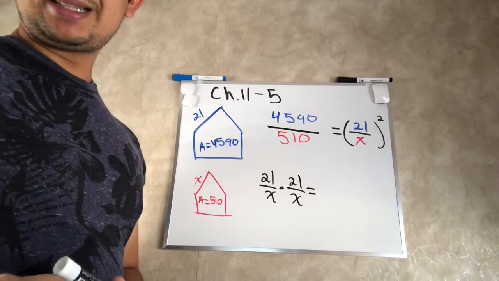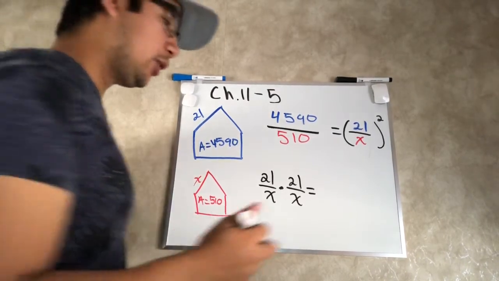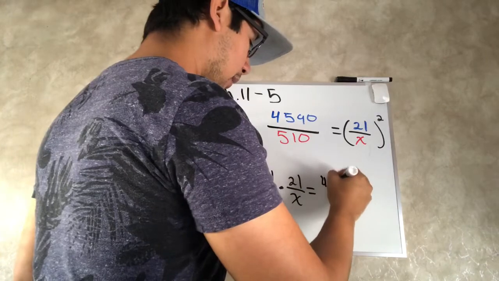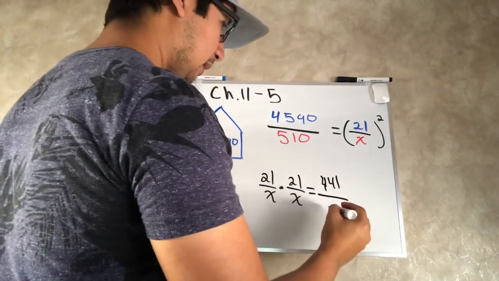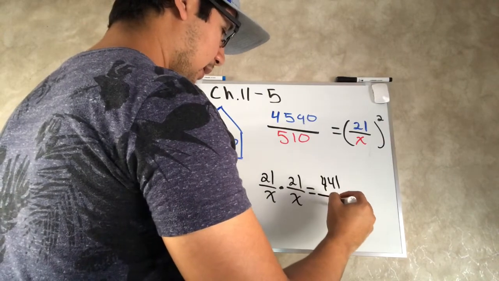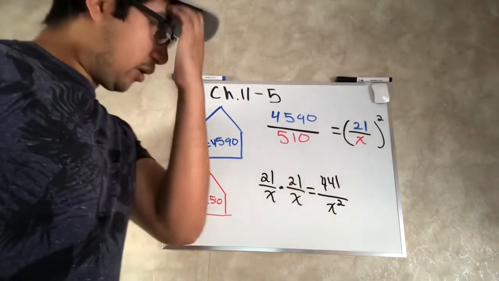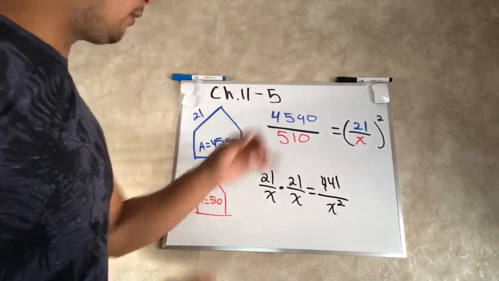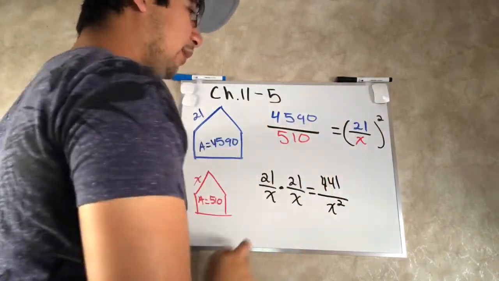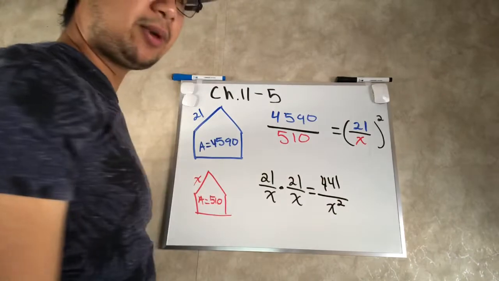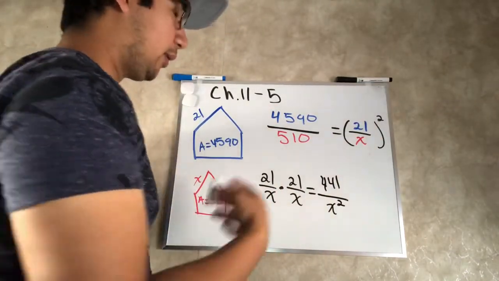That's 441, over x times x is x squared. Something else you guys could have done, we could have also simplified this out, take the square root of both of them, and then solve for x, right? But I'm gonna do it this way. But there are different ways of solving it.